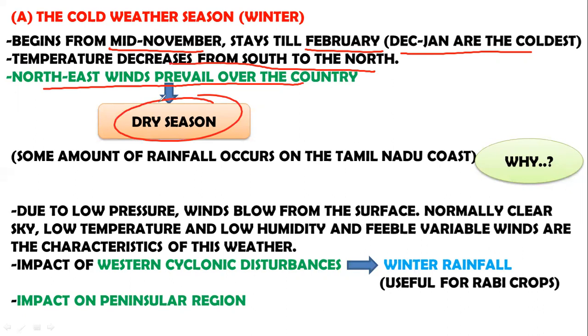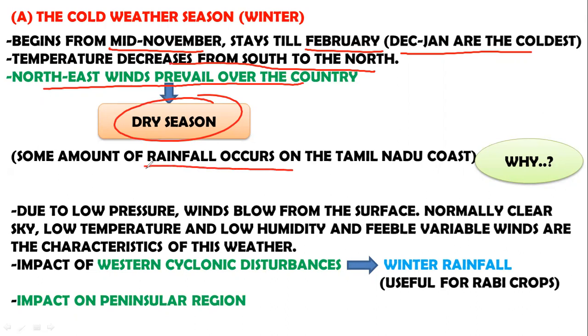When we were studying the process of monsoon, we had studied that while the monsoon is retreating, northeast winds are blowing over India. And these winds, because they are blowing over the land, are dry, which makes the winter season a dry season.